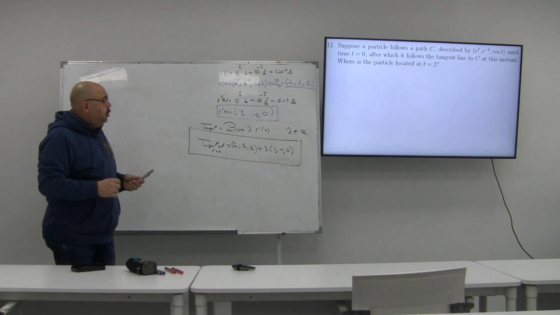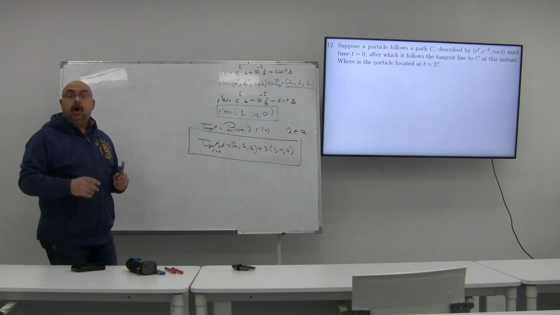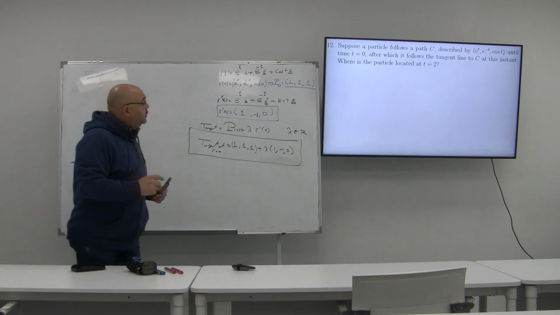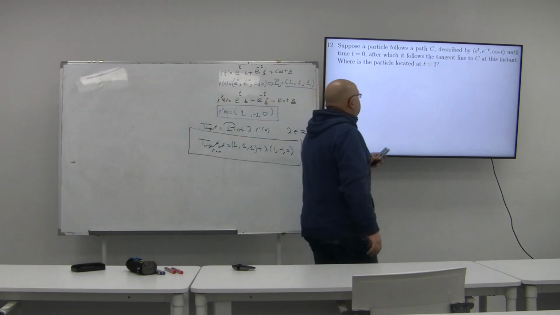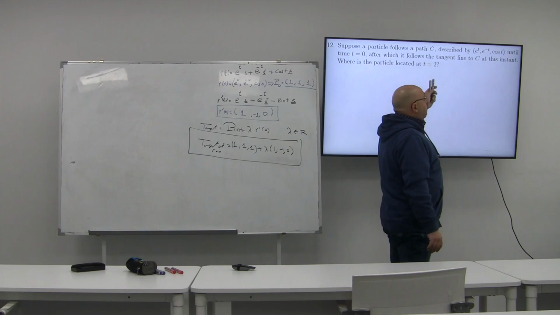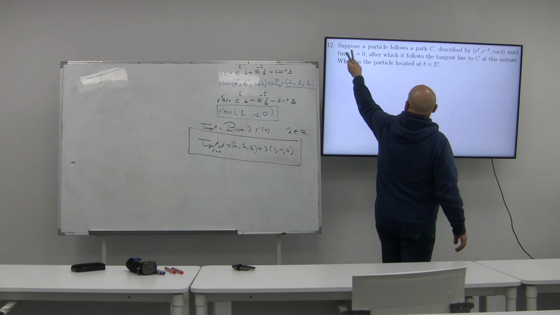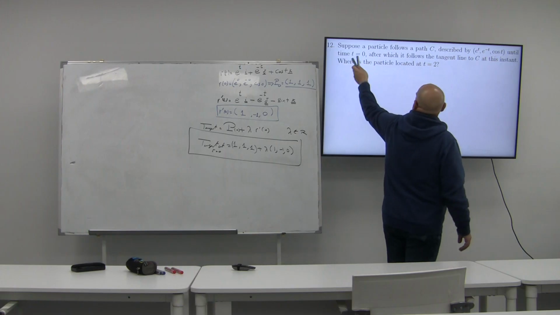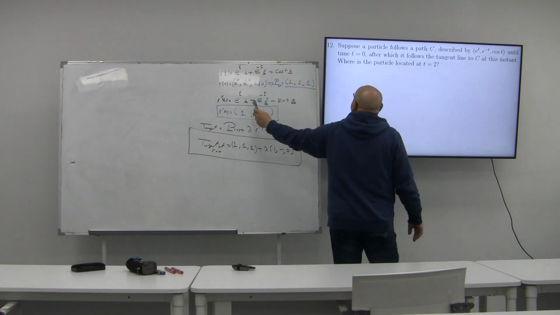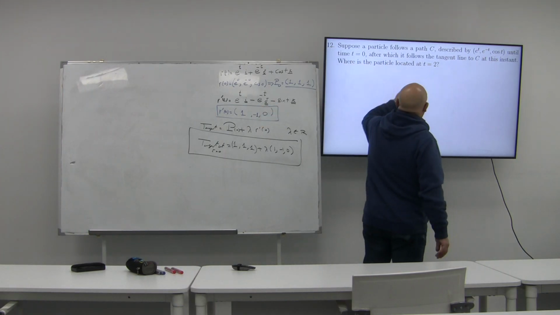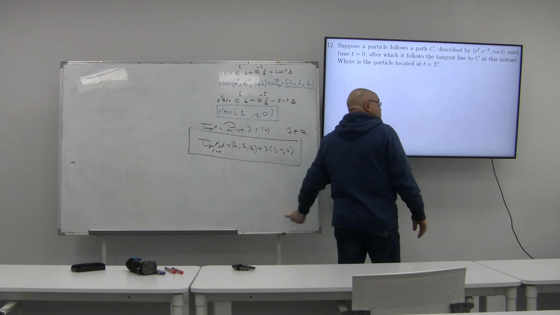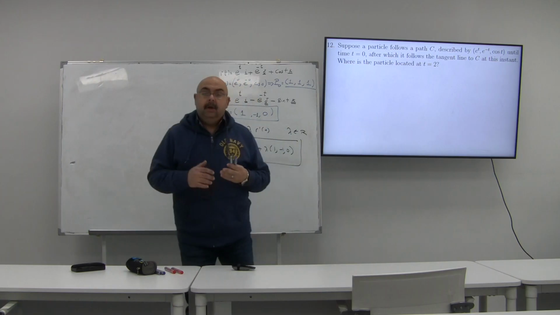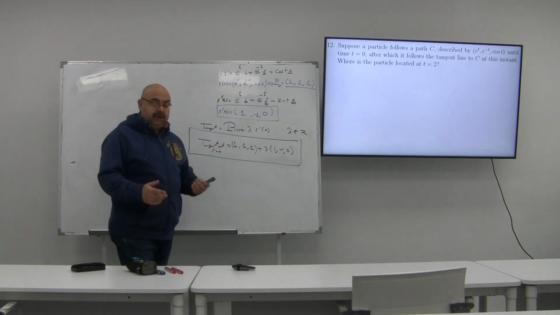And he wants you to determine the position of this particle after t equal to 2. Now, once more, he told you that suppose the particle follows a path, which is C, until time t0, after which it will follow the tangent. Here is the equation of the tangent. All I have to do is substitute the parametric value, which is equal to 2.